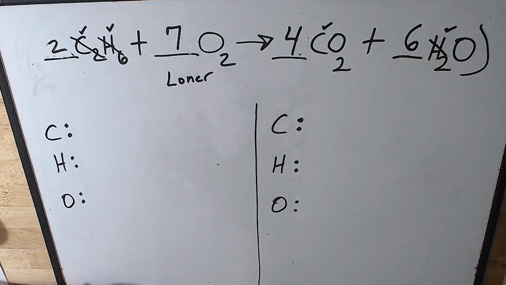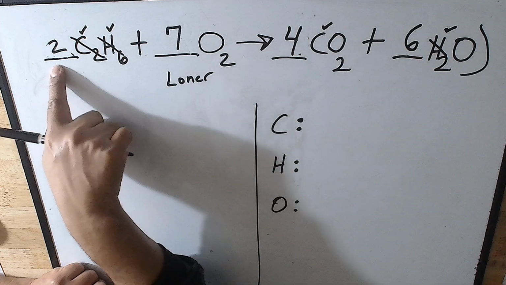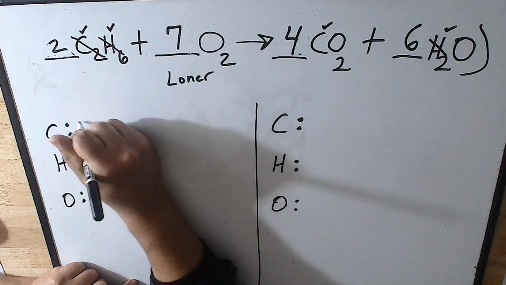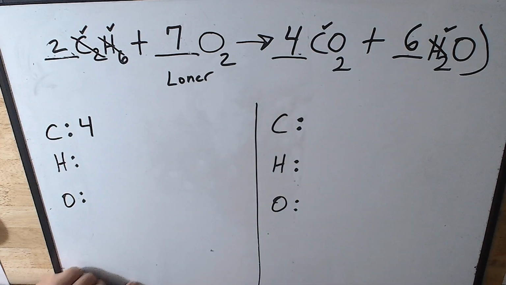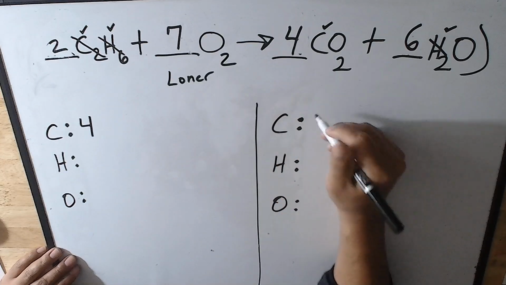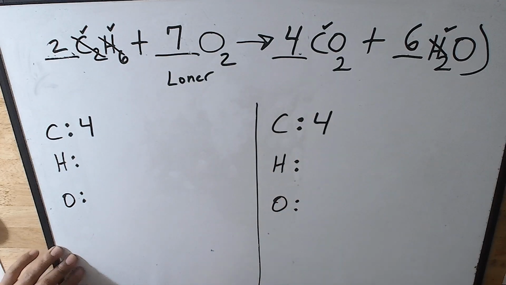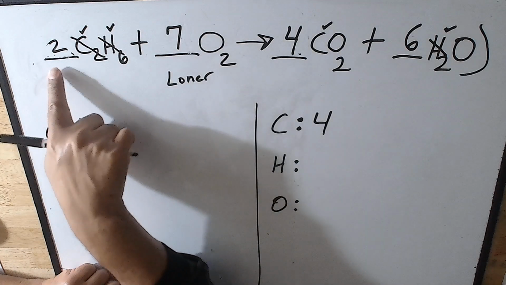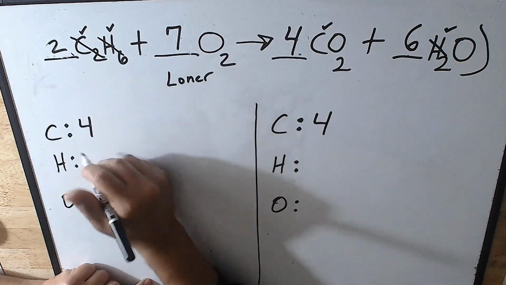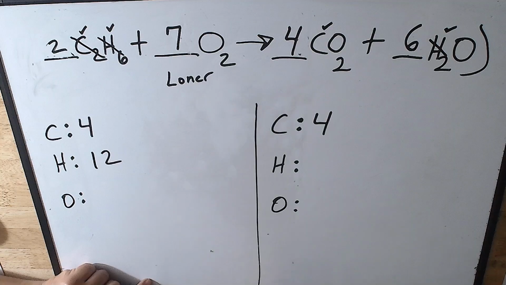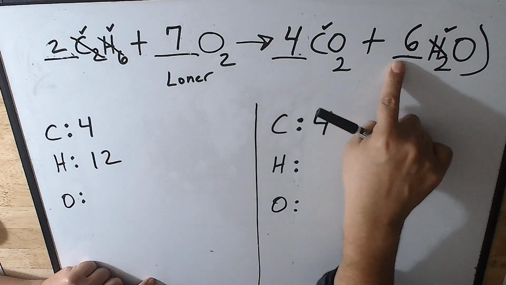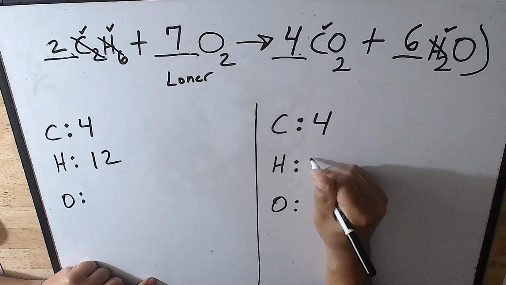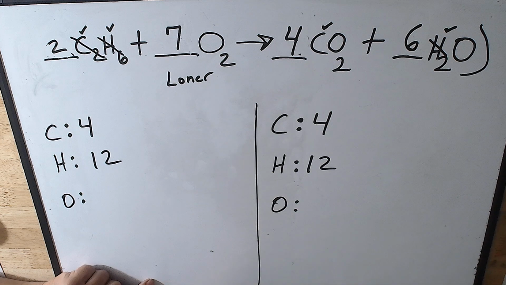So now let's see if everything balances out. So 2 times 2 gives me a total of 4 carbon atoms. And then I have 4 carbon atoms over here as well. And then for my hydrogens, I have 2 times 6 gives me 12 hydrogen atoms. And then 6 times 2 gives me 12 hydrogen atoms. So far everything is balancing out perfectly fine.